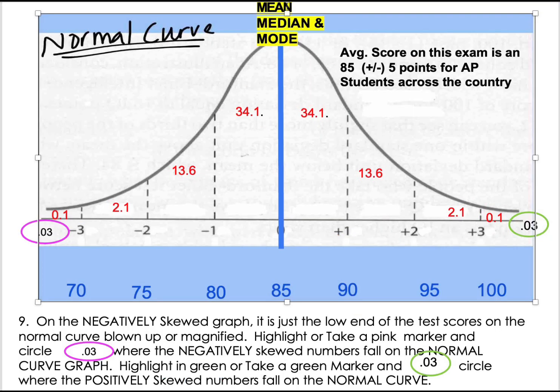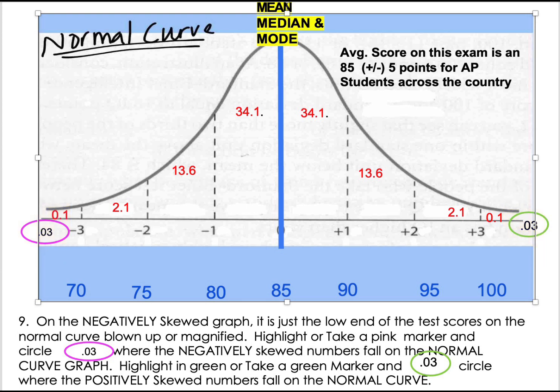Now let's start over. And let's say that we have an exam where the average score on the exam is an 85 plus or minus 5 points for most AP students across the country. That would mean on a negatively skewed graph, all of the outliers, whether negative or positive, would be over here on the 0.03 off the charts part of the bell curve.